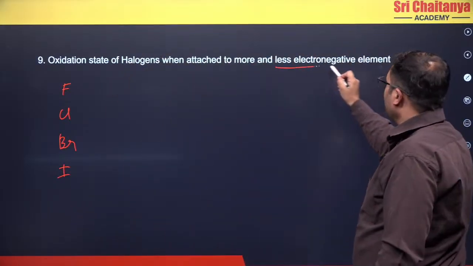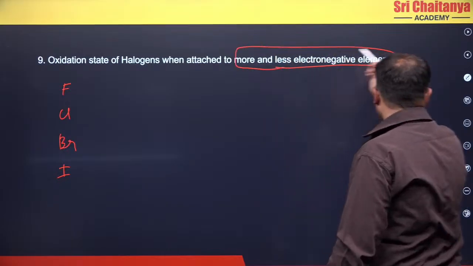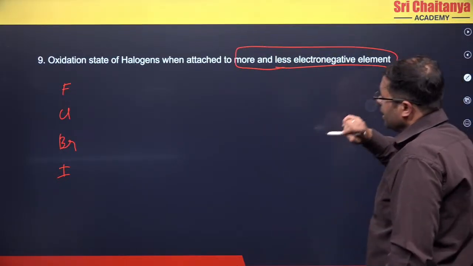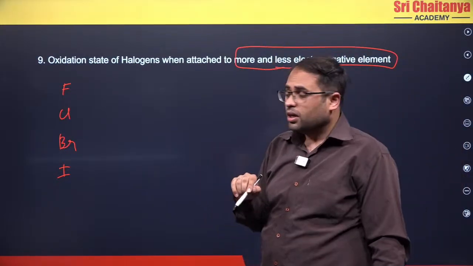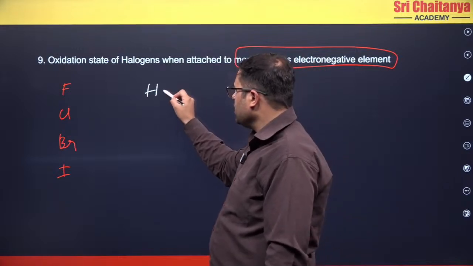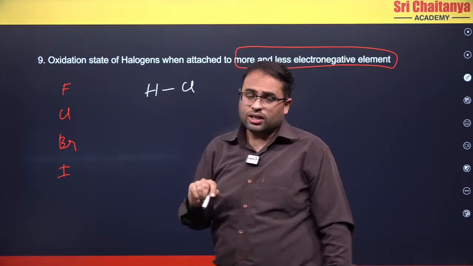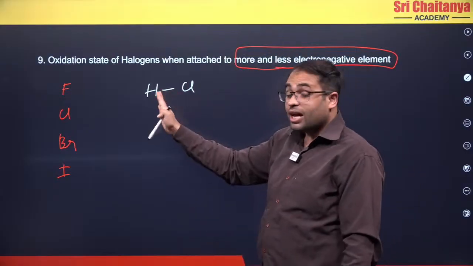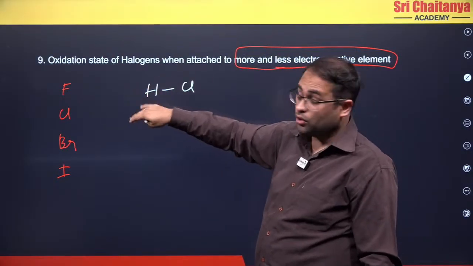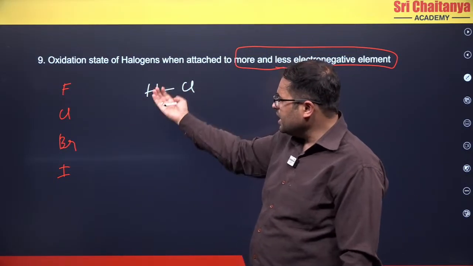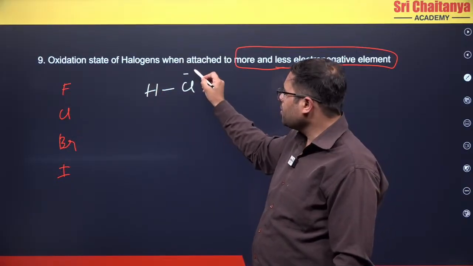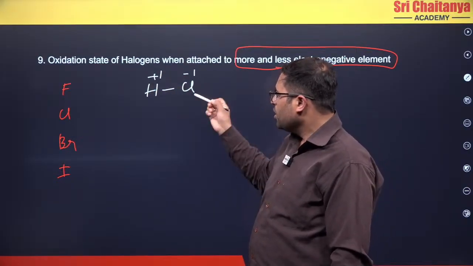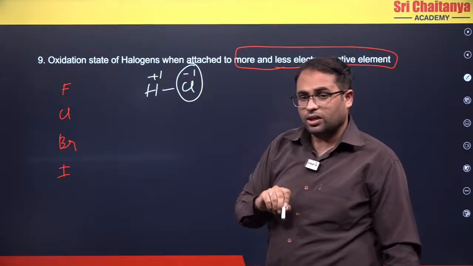So let us take an example of a less electronegative element. One is HCl. Hydrogen is less electronegative than chlorine, correct? Because hydrogen is less electronegative than chlorine, it will easily give its electrons to chlorine and it will get -1, this will get +1. So now the chlorine's oxidation state is -1.